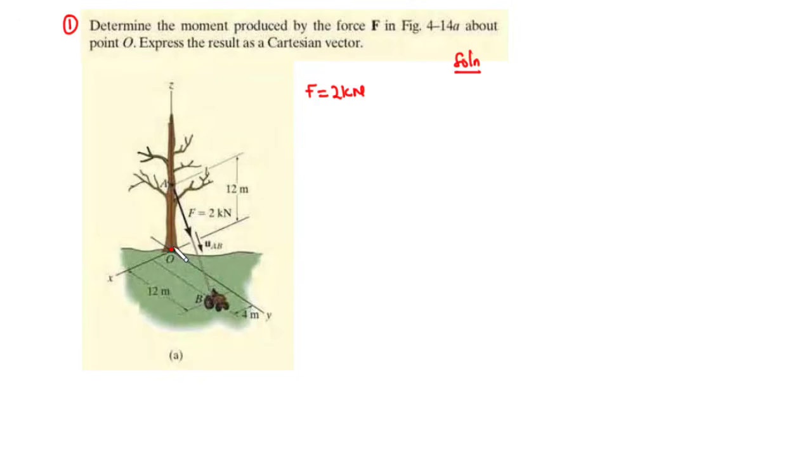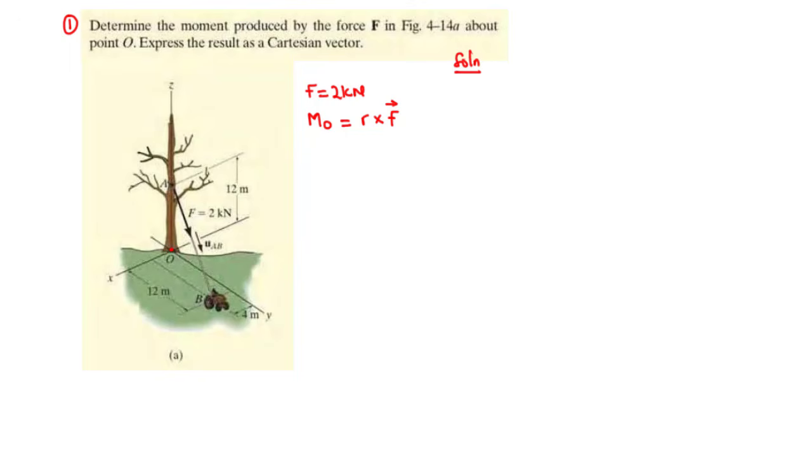Now, if you want to find the moment about the point O, we know that the moment of a force about point O is given as the cross product of the position vector directed from O to any point on the line of action of F, and the force F represented as a Cartesian vector. Now, in this case, we are given the force F to be 2 kilonewtons.